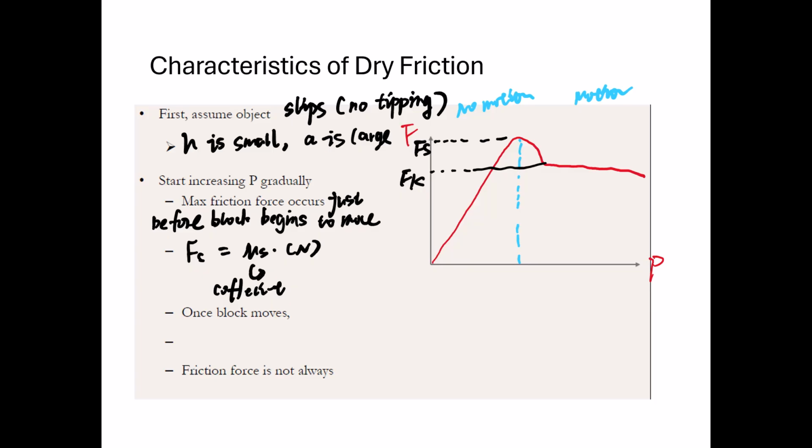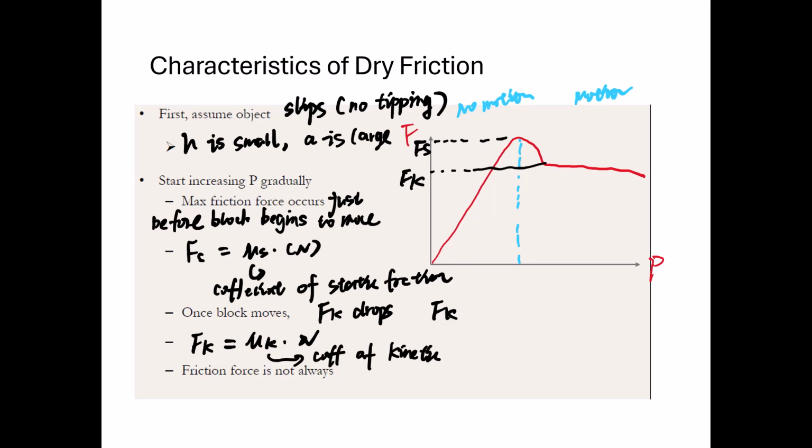And once the block moves, Fs drops and becomes Fk, and Fk equals mu k times N. We call mu k the coefficient of kinetic friction, and mu s is always larger than mu k.